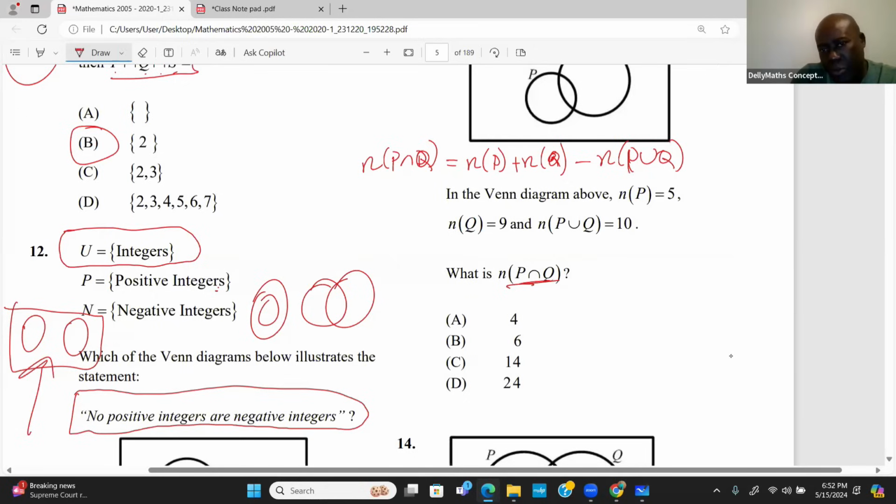So they asked for this, but they gave us this. So watch this. The answer is 5 plus 9 minus 10. 14 minus 10, 4. So I just took you through all of that so that you could see I answered it. So the moment they give any question like this, please set up your formula. Look at what you get.